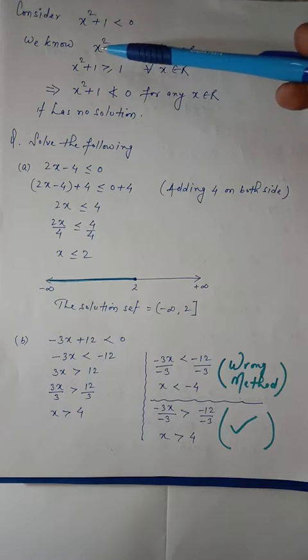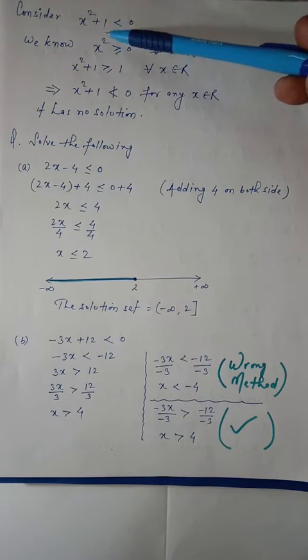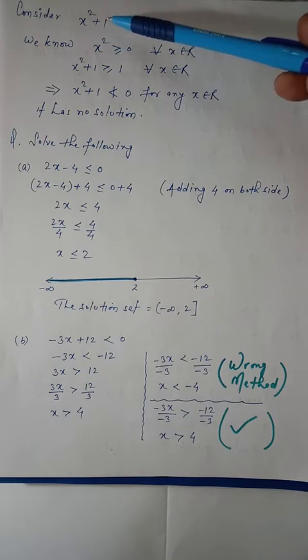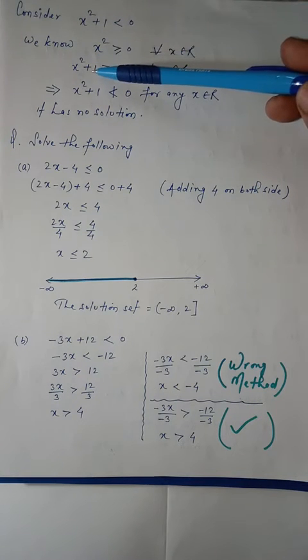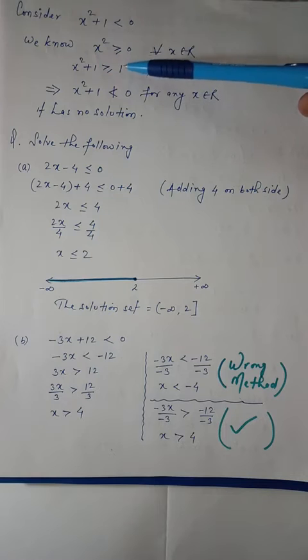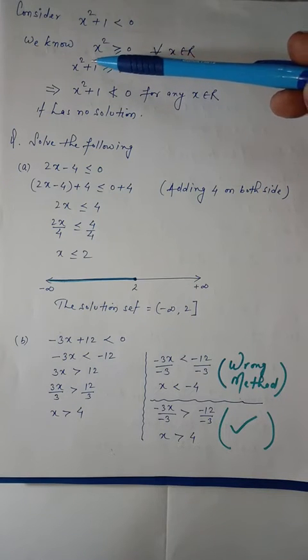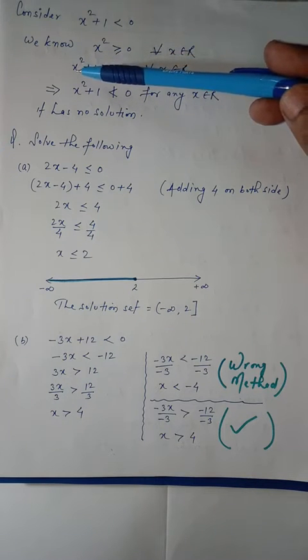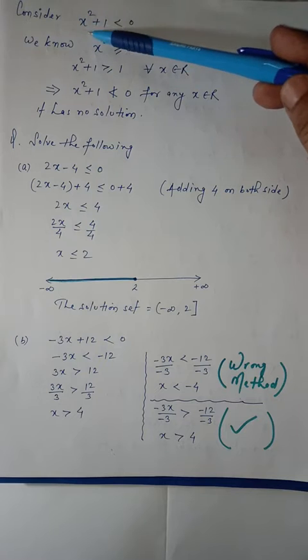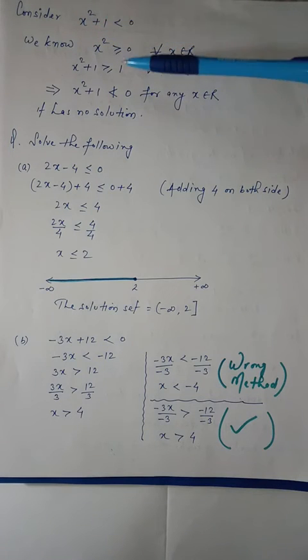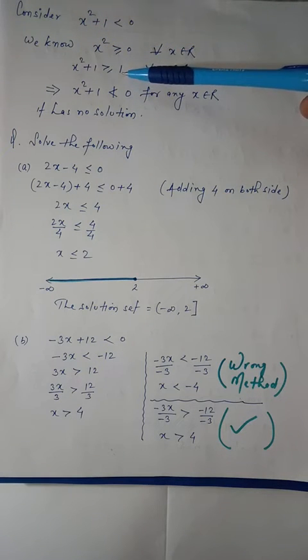Now try to make this expression in this form. For this I am adding 1 to both sides. So here I am writing x square plus 1, and 1 here also. Now we can easily observe x square plus 1 is always greater than or equal to 1. It means the minimum value of this expression is 1, or greater.